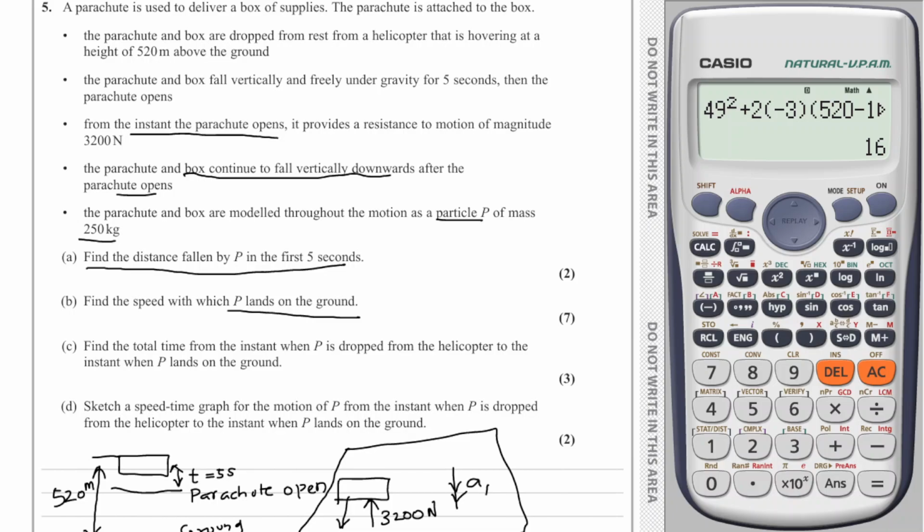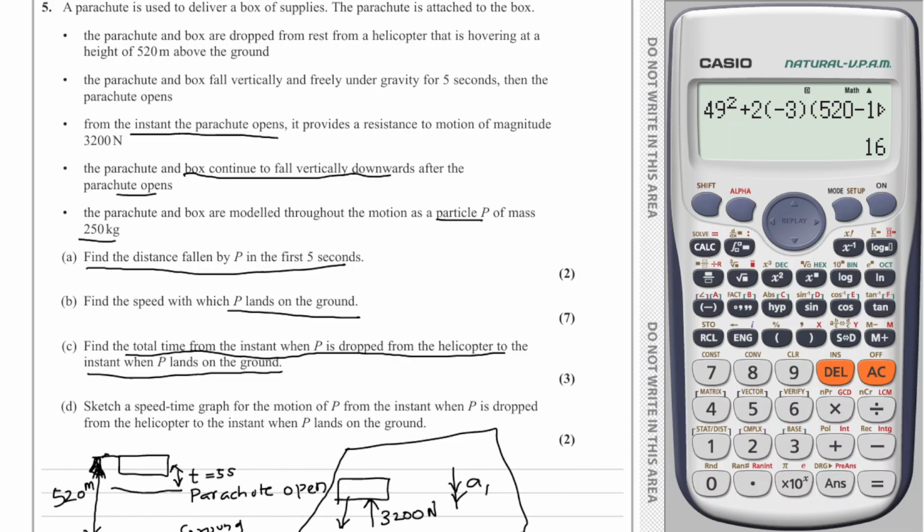We have it: find the speed with which P lands on the ground. So now we need to calculate the total time from the instant when P is dropped from the helicopter to the instant when P lands on the ground. So from the starting point to the end point, the total time taken we need to calculate.